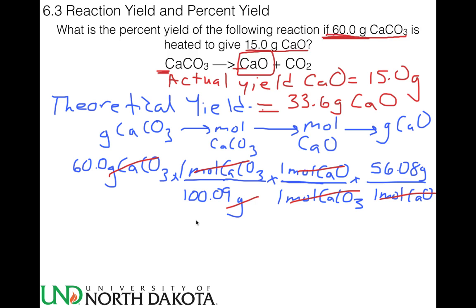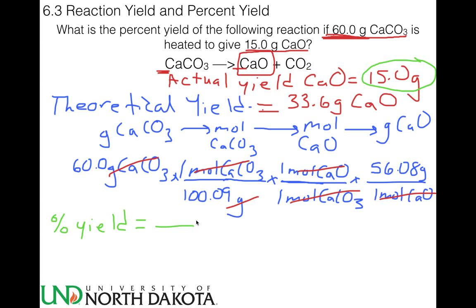So in order to figure out what our percent yield is, we will plug in our numbers. The percent yield equals the actual yield, which is 15 grams.